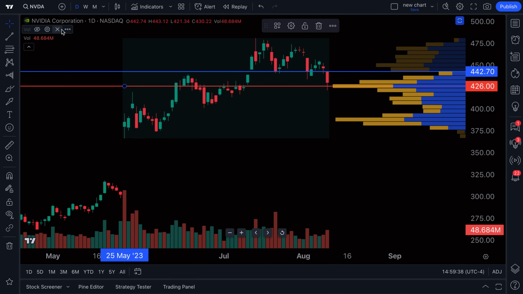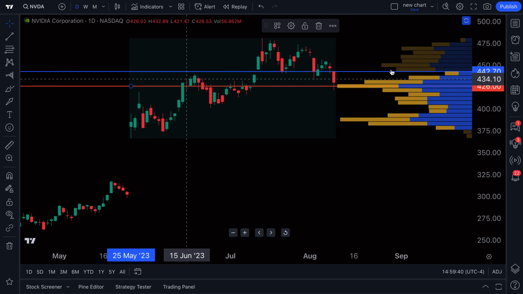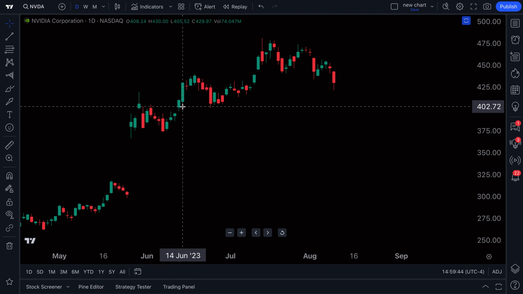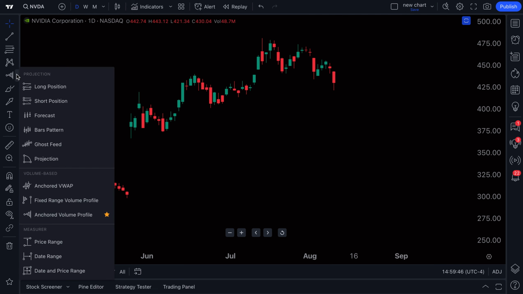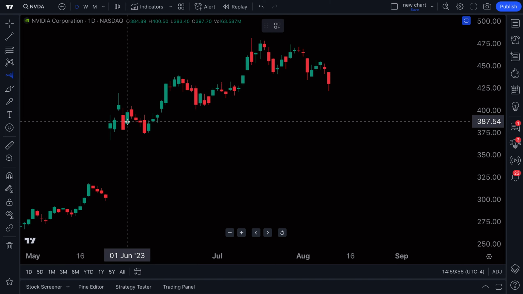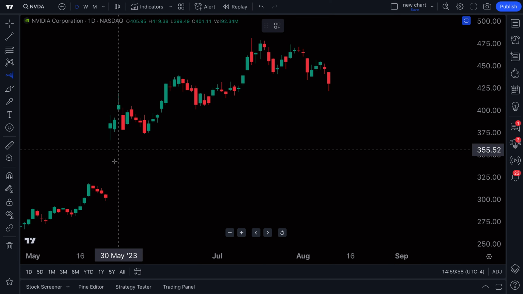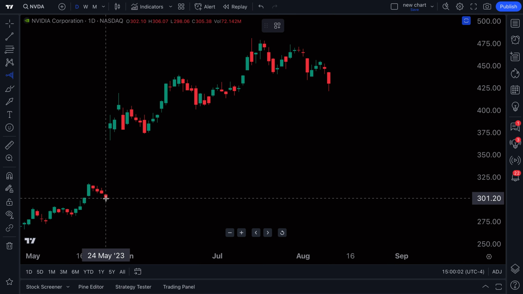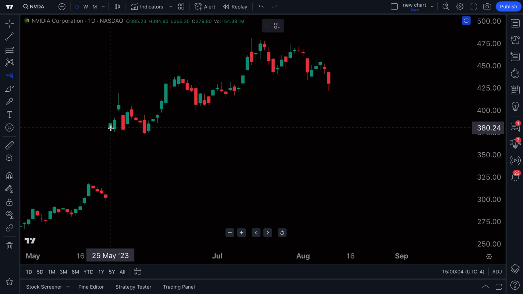Now we're going to really study this now in great detail. So let us start over and walk you through a start to finish application of the all new anchored volume profile. Okay, we've selected the tool. The next step is now to find a starting point. For this video, one thing we notice is that there is a giant gap up between May 24th and May 25th.